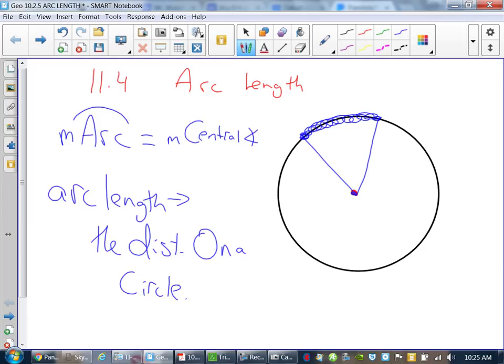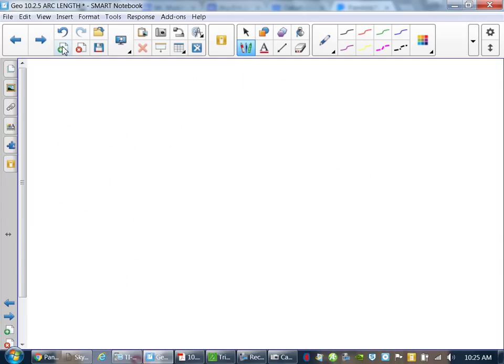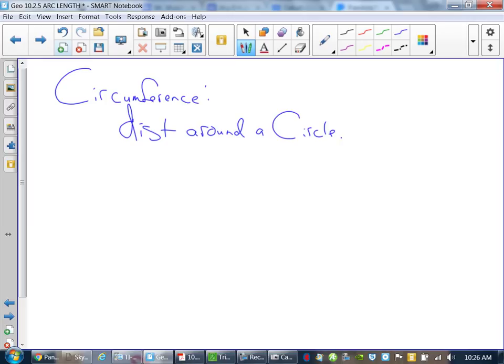Now, there's kind of a funky formula to set this stuff up, but it all stems from knowing what circumference is. I think we defined that yesterday, didn't we? We called it the distance around the circle.